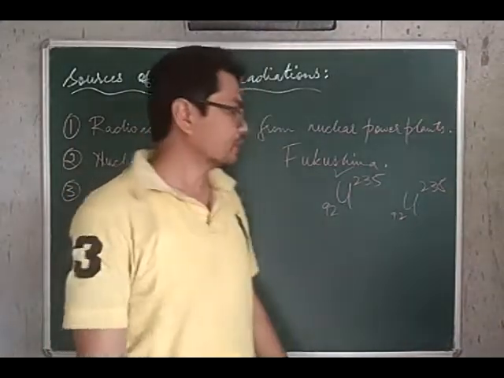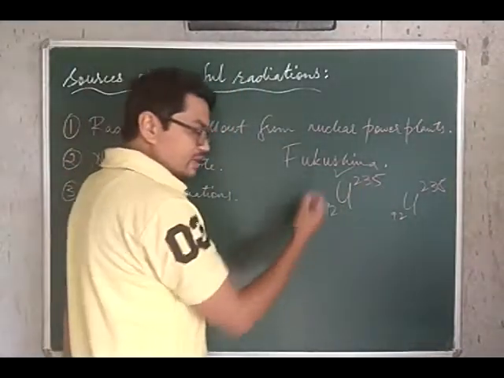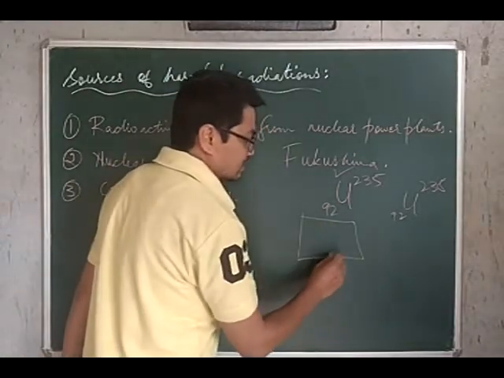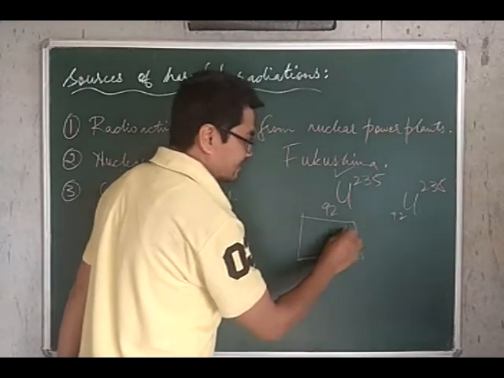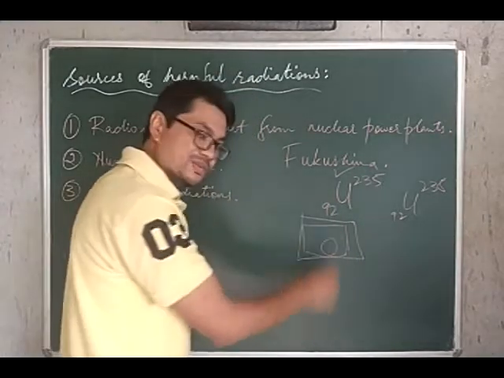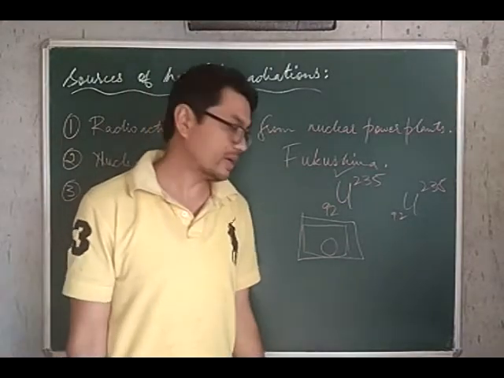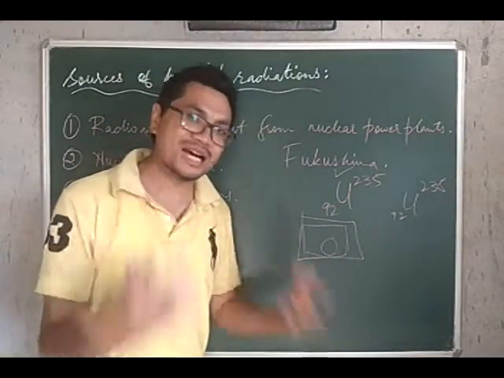So the waste is placed in a thick lead trunk, and then it can be disposed deep down inside the ground, or it could be placed deep down inside the ocean.